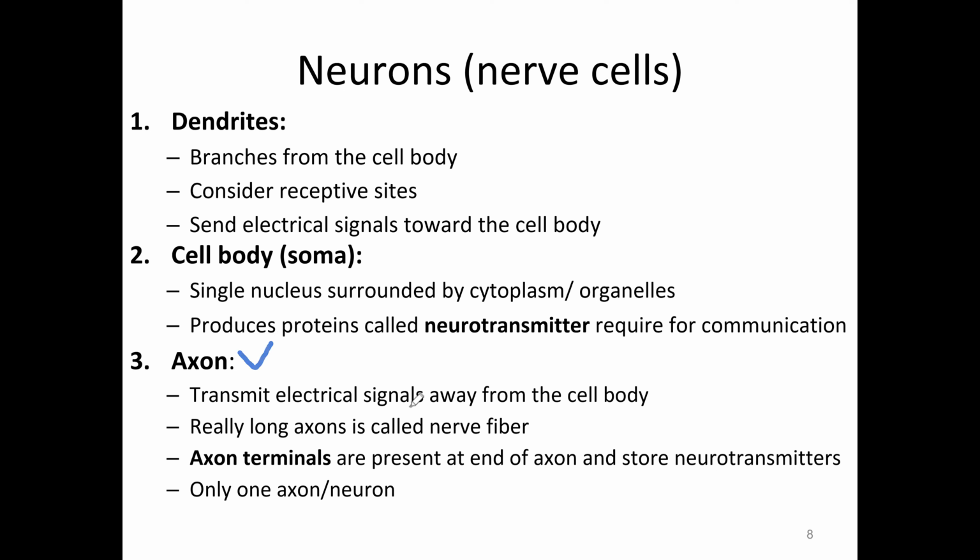Axon transmits electrical signals away from the cell body. Really long axons are called nerve fibers. Axon terminals are present at the end of the axon and store neurotransmitters. We have only one axon per neuron. So every human neuron has only one axon, and they will have multiple dendrites.